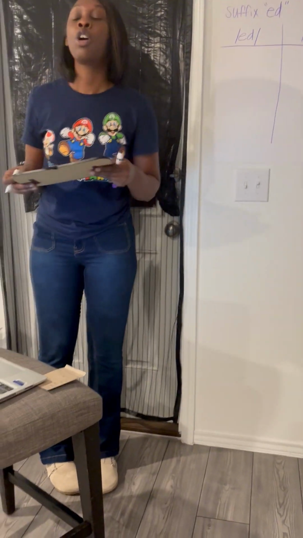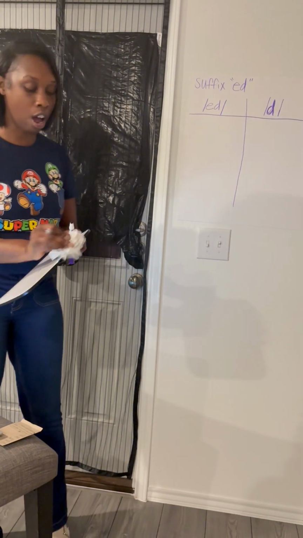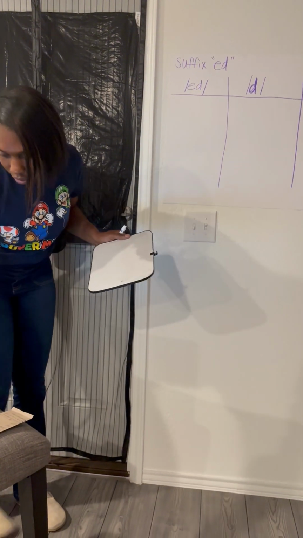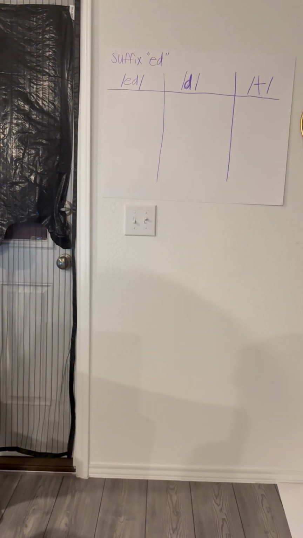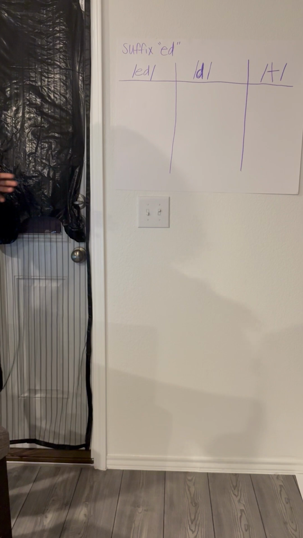All right, now we're going to model some words, our own words. Are you ready? Yes. All right. My first word is going to be, and you're going to tell me the ending of my word. You're going to write it and tell me the ending.